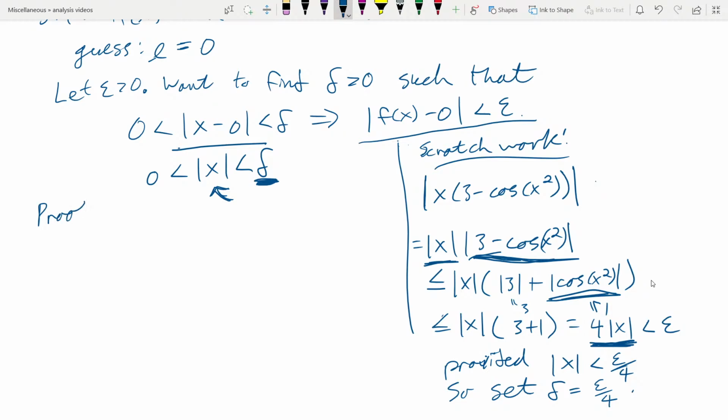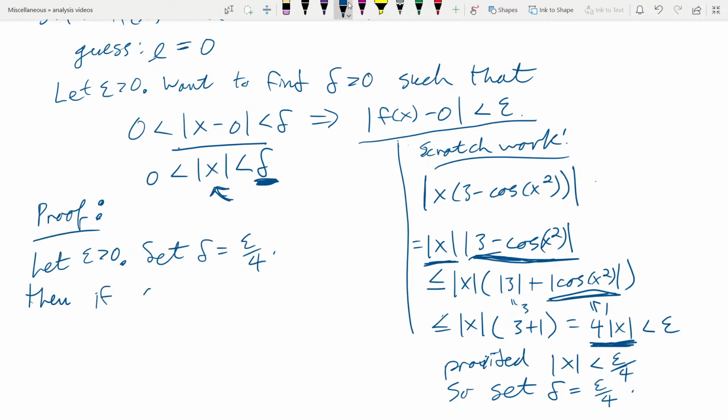Now if I go to the left side, here's how we would actually write the proof. I know I said let epsilon be bigger than 0 already, but I'll just reiterate. So then we want to set delta equal to epsilon over 4. Then if 0 is less than absolute value of x and less than delta, we get this.